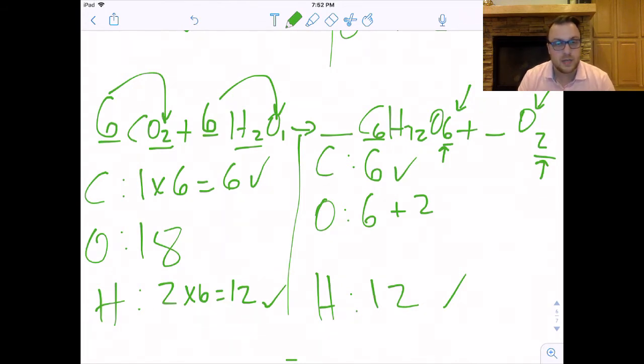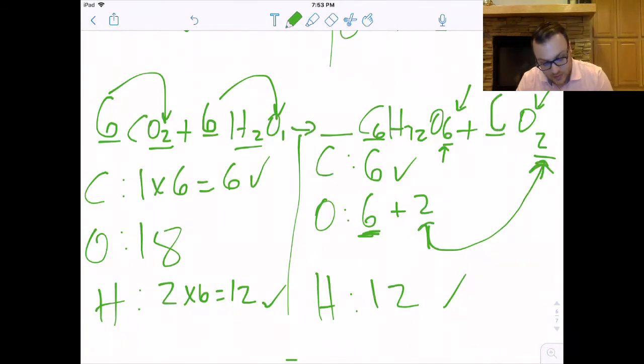However, if I keep this one the same, what can I multiply this oxygen by to add it to that 6 to make it 18? You might be saying to yourself, wait, 12 plus 6 is 18. So if I put a 6 right here, now it's 6 times 2, which is 12. 6 plus 12 is 18. Worked itself out. Put a 1 there if you choose.